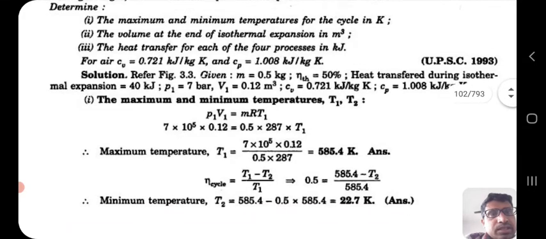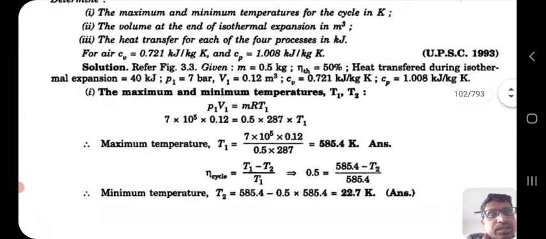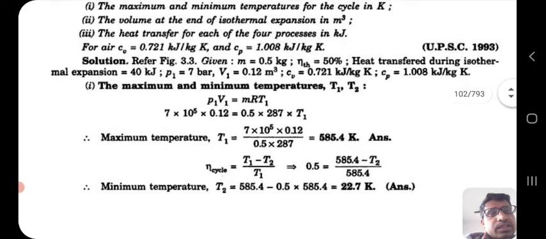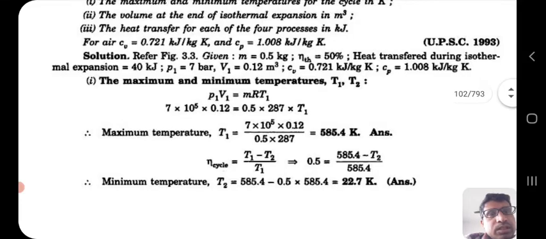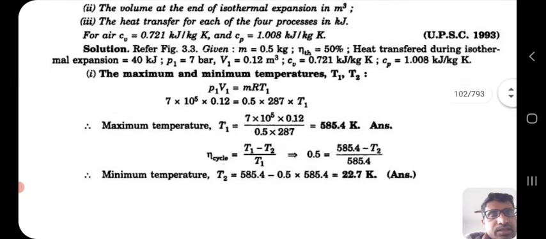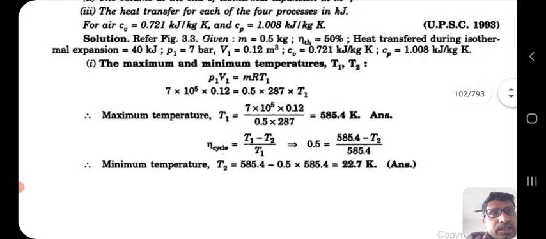Determine the maximum and minimum temperature for the cycle in Kelvin, the volume at the end of isothermal expansion in meter cube, and the heat transfer for each of the four processes in kilojoule. For air, Cv is equal to 0.721 kilojoule per kg Kelvin, Cp is equal to 1.008 kilojoule per kg Kelvin.